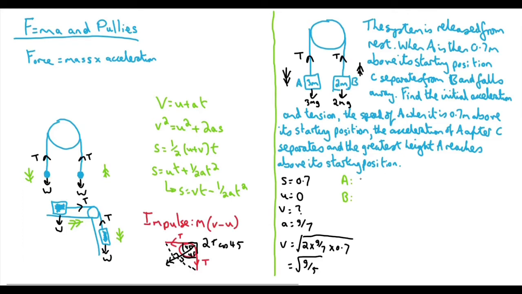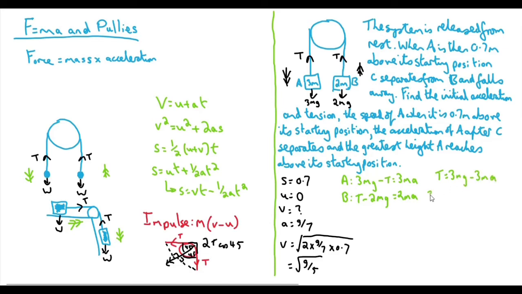So A here, now because it's moving downwards, the weight is now the forward force, so 3mg minus T equals 3ma. And for B, because it's moving up, that's now T minus 2mg equaling 2ma. So from the top, we can get that T is going to equal 3mg minus 3ma.